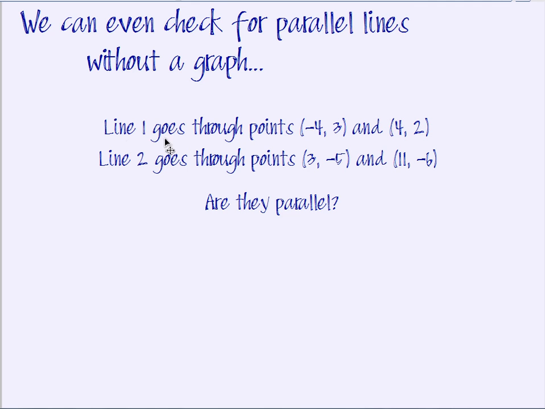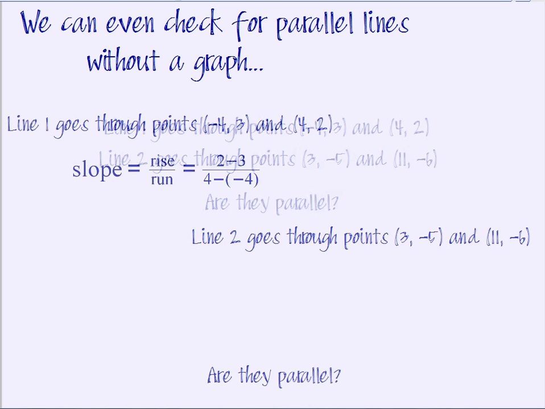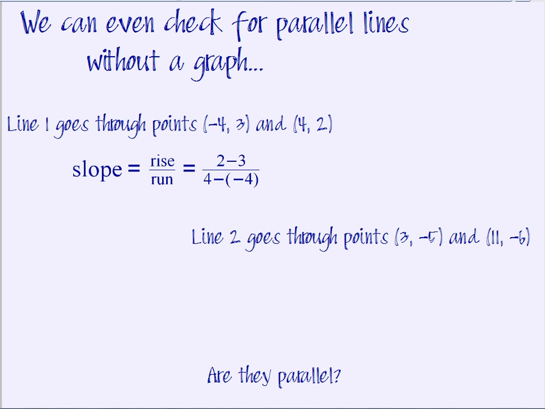We can even check for parallel lines when I don't have a graph. Let's say I have one line that goes through the points negative 4, 3 and positive 4, 2, and another line that goes through points 3, negative 5 and 11, negative 6. And I want to know if those two lines are parallel. I need to look at their slopes, right? Slope is what verifies whether my lines are parallel or not. So we're going to use the slope function.